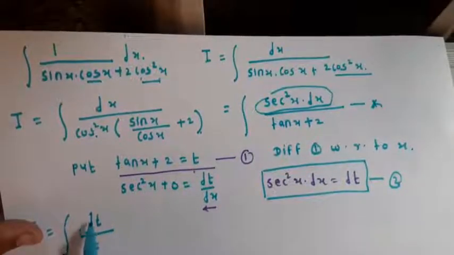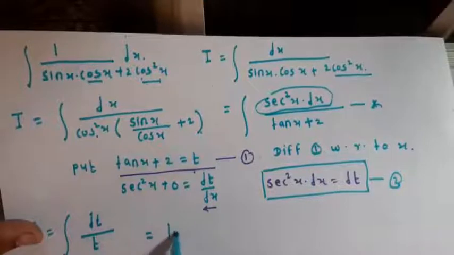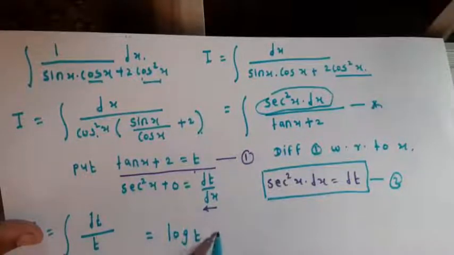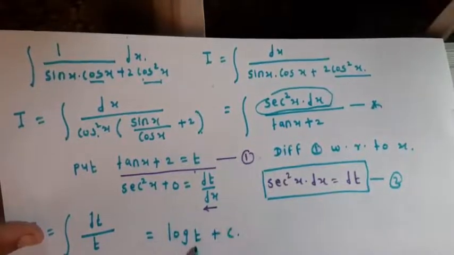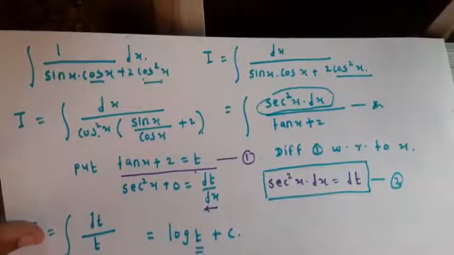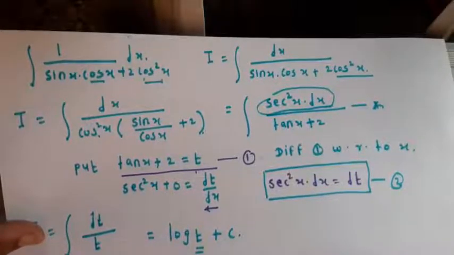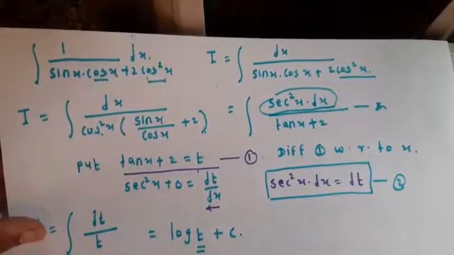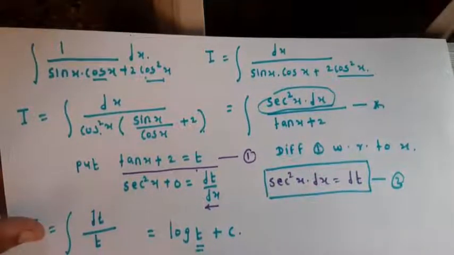Okay students, now the integration of 1 upon t with respect to dt is by the direct formula log of t plus constant of integration c. Resubstitute the value of t, and that is log of tan of x plus 2 plus constant of integration c. Okay students, in this way we have to solve the problem.